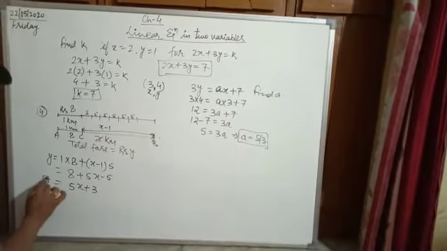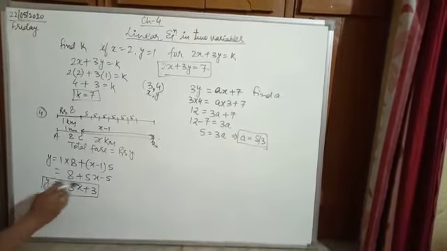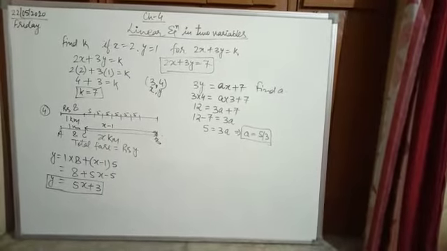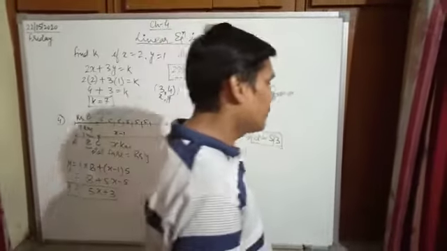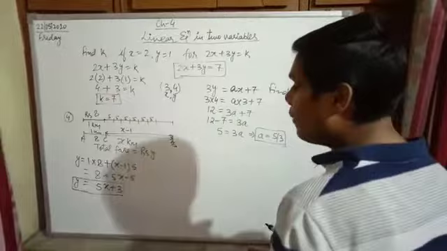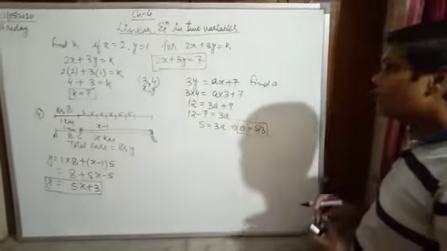So y is equal to 5x plus 3. This is the linear equation in two variables of the given question, and I have to draw the graph of this one.